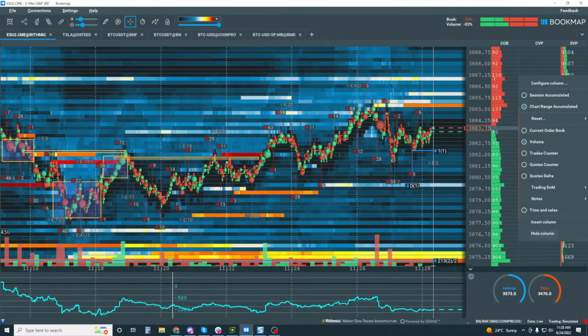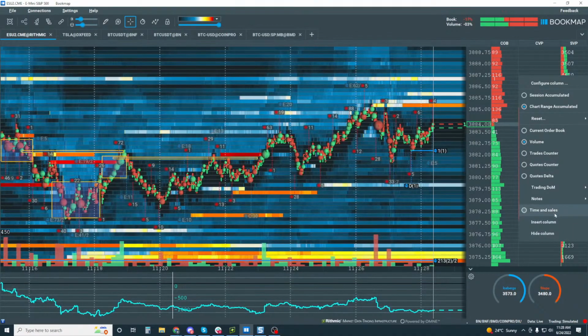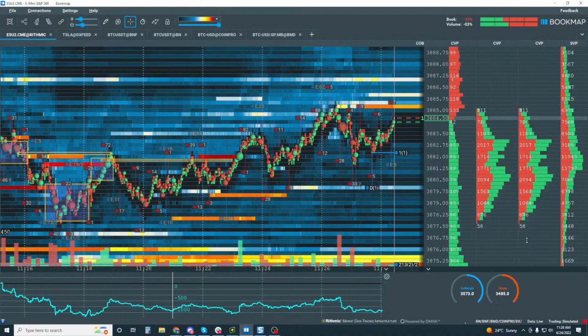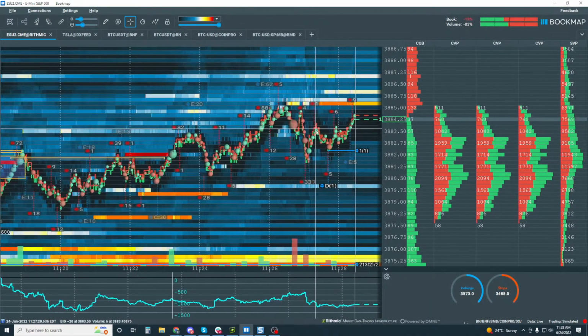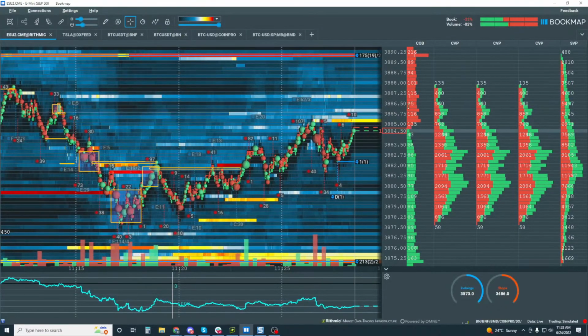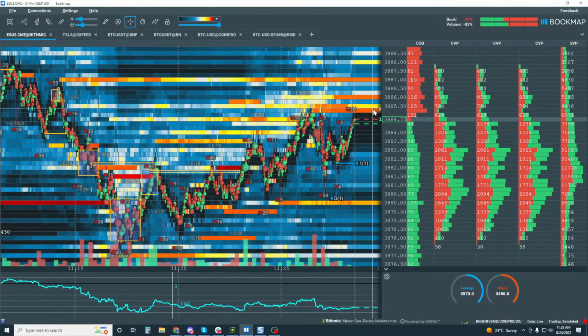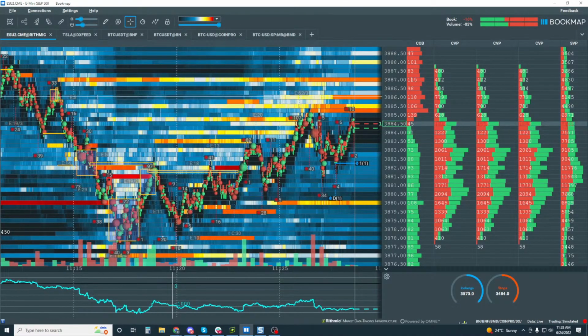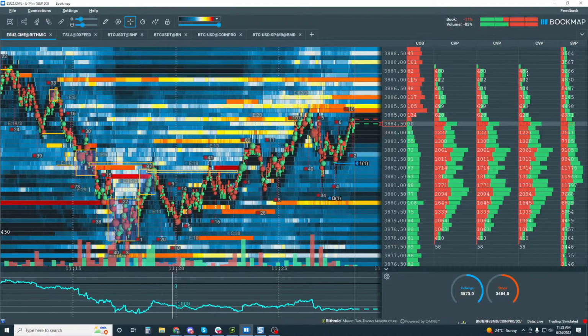Actually, let's duplicate this column and show it a few different times here. Guys, play around with it. We're so feature rich here in Bookmap, and we're adding new indicators and add-ons or insights all the time. So let's just take a look at these three CVP columns here.